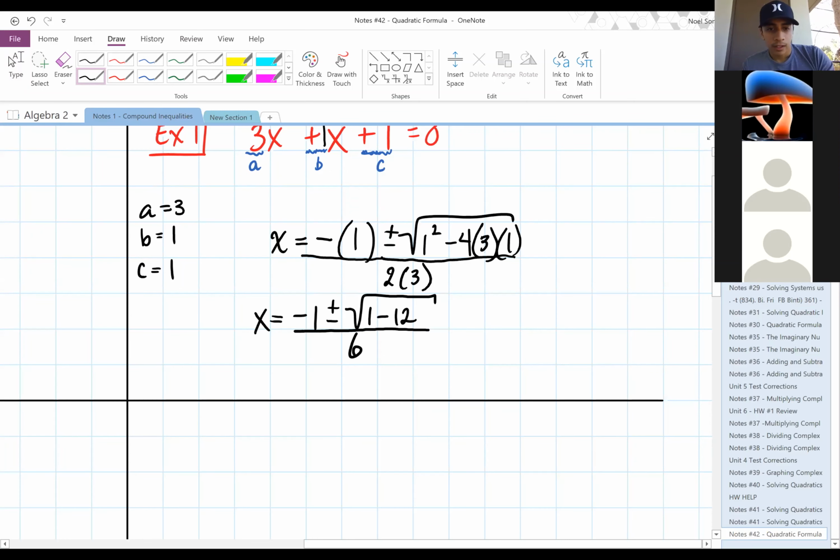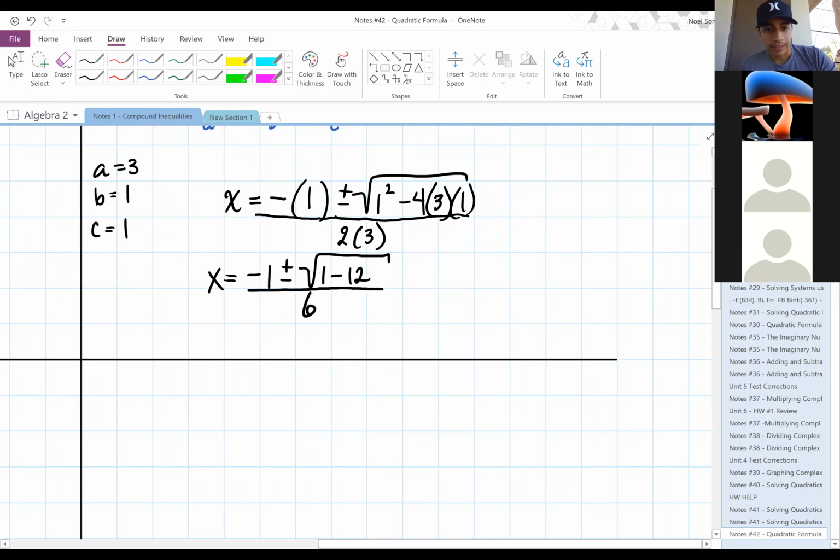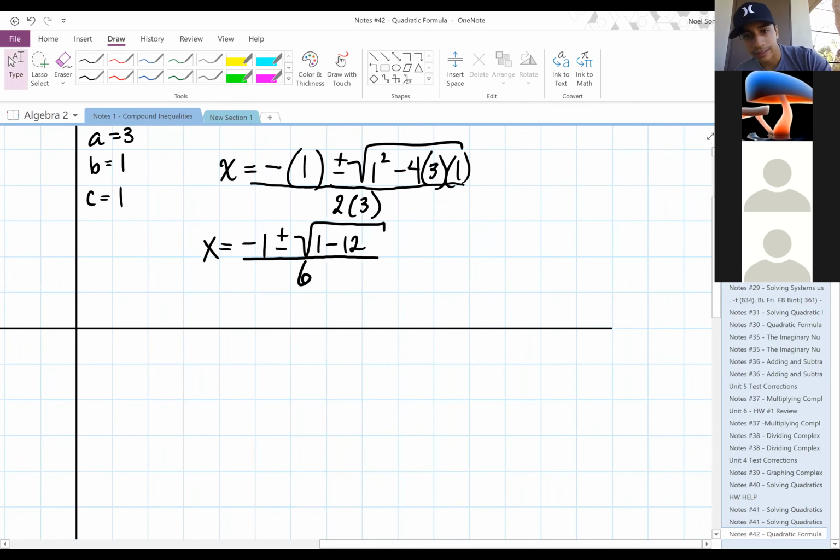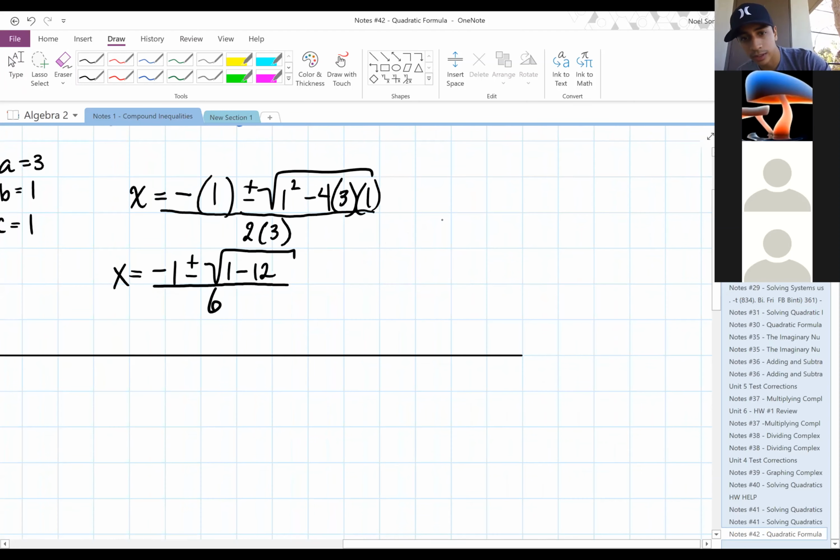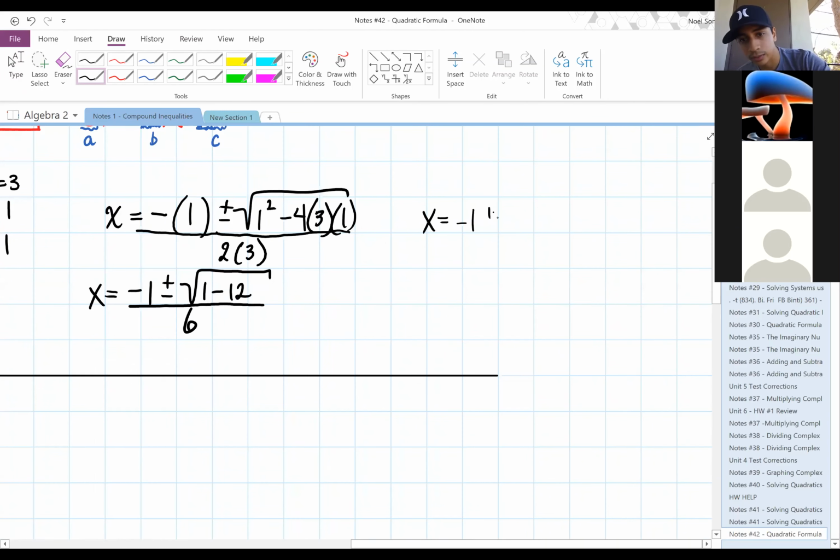Okay? All right, so now we clean up the inside of the square root. So then that takes us to x equals negative 1 plus or minus the square root of 1 minus 12 will be negative 11, all over 6, right? You see how I'm consistently leaving 6 as the denominator for the whole thing, okay?